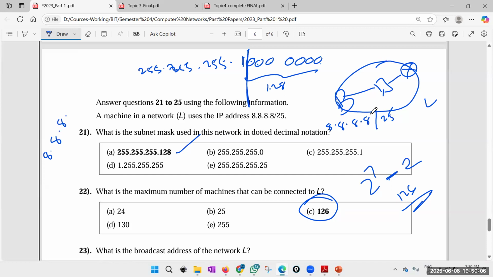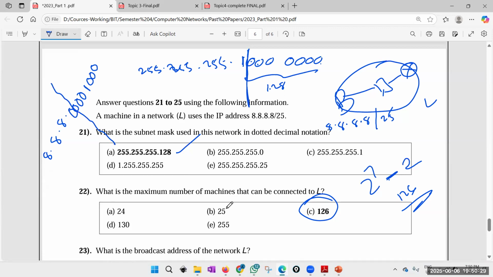But I will just make this binary. This is one of the IP addresses, but remember it is /25, therefore this is the separation.